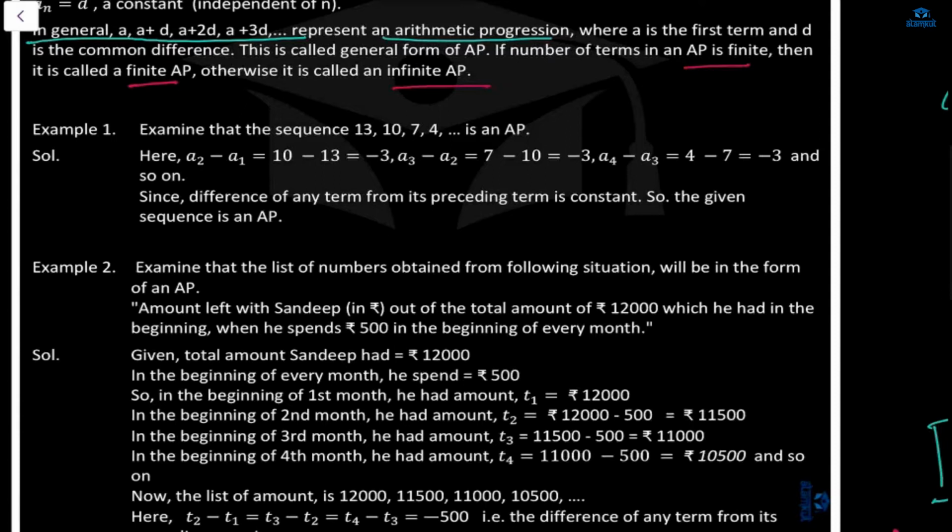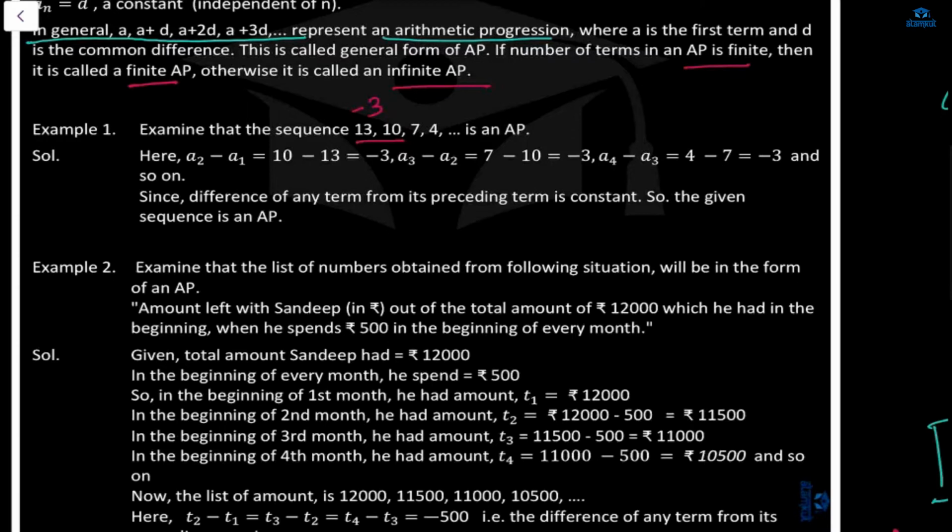Examine whether the sequence 13, 10, 7, 4 is an AP. How can we check that this sequence is an AP or not? By checking the common difference. If they have the same common difference between each preceding term, then it is an AP. If you do 13 minus 10, you get 3. Not 13 minus 10, but 10 minus 13, because we subtract the preceding term.